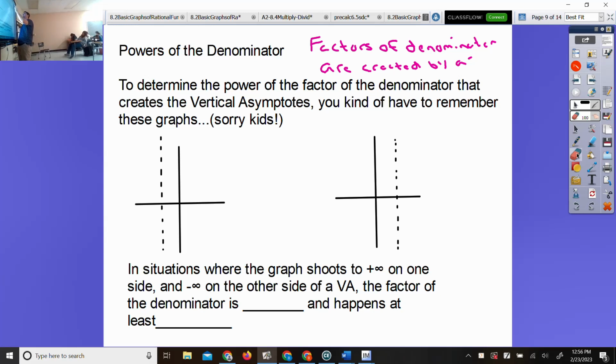Specific asymptotes. Vertical asymptotes. Factors of the denominator are created by vertical asymptotes. Again, that says factors of the denominator are created by vertical asymptotes.